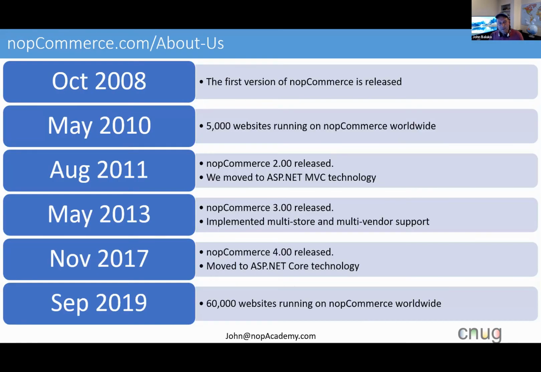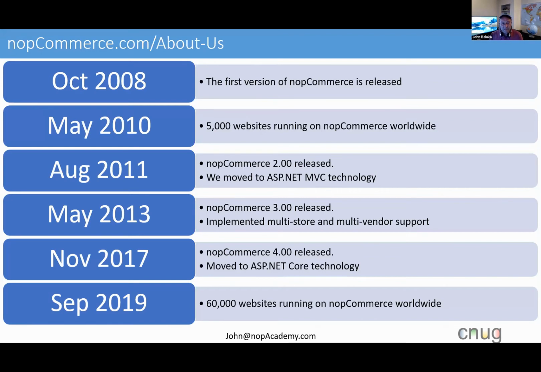A little history on nopCommerce: it was first released almost 12 years ago. A couple of years after the release, they had 5,000 active sites. When they released version 2, they switched over from web forms to ASP.NET MVC. Version 3.0 implemented a lot of extra features like multi-store aspects and multi-vendor support.